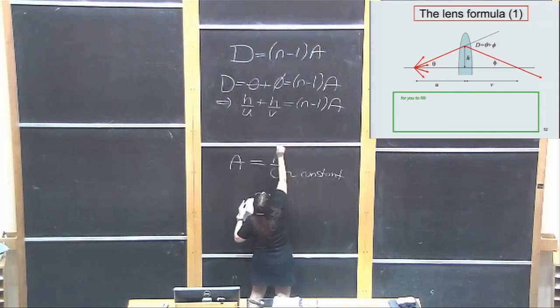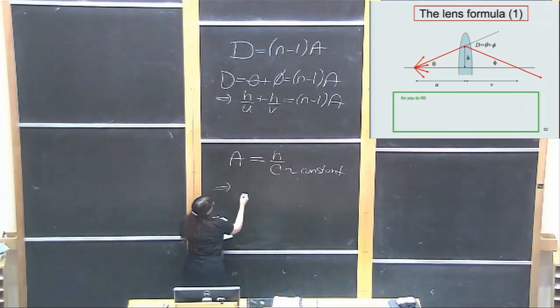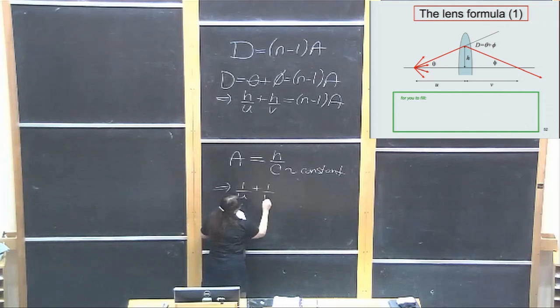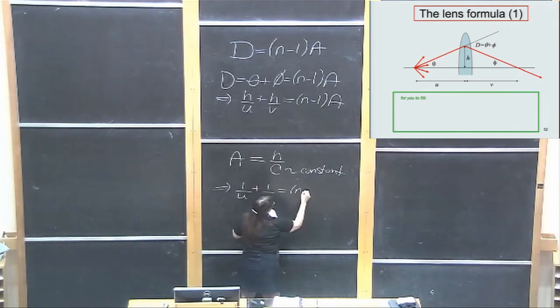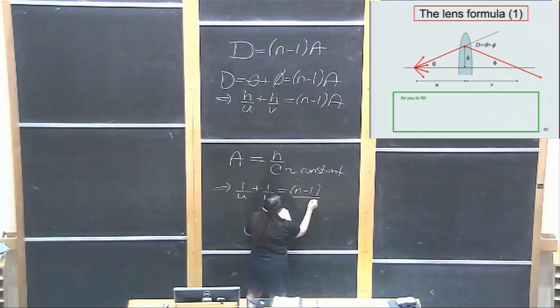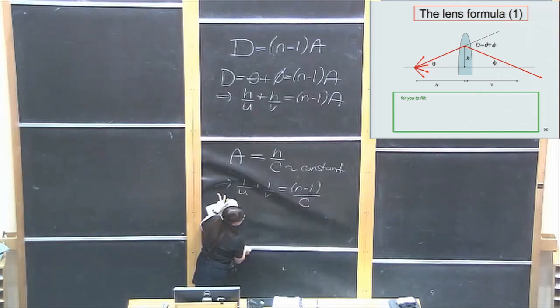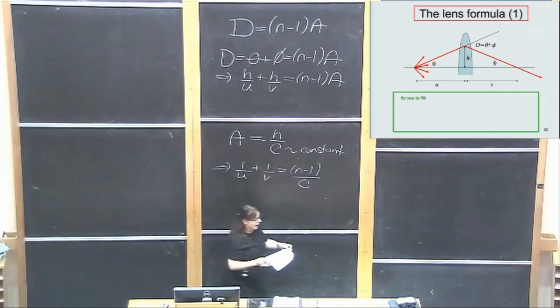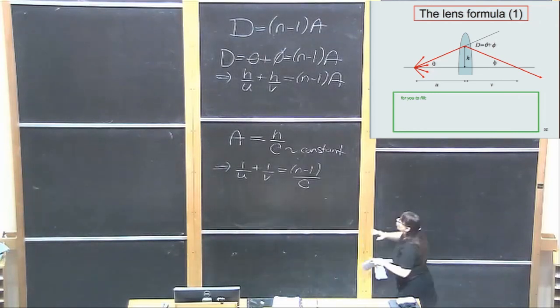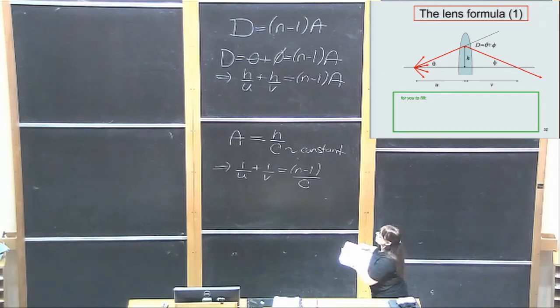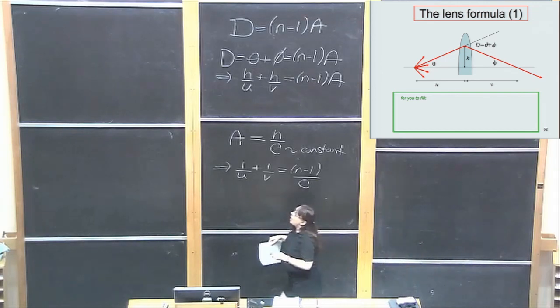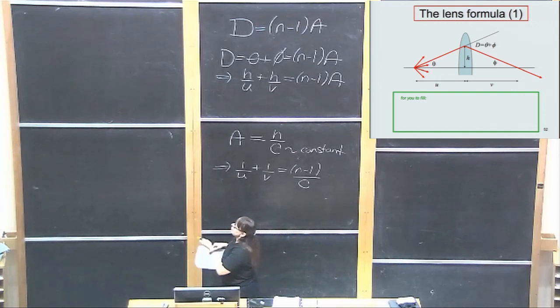Because in that case, all of the h's will cancel out, and we will get that equation, which hopefully is already looking familiar to some of you as the lens equation. Because all dependence on the height h, or equivalently the angle theta, has disappeared, this means that any ray is going to be focused at the same point.